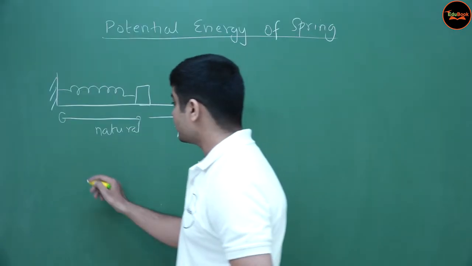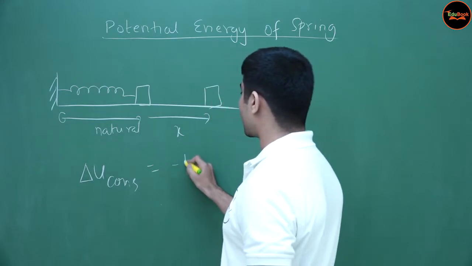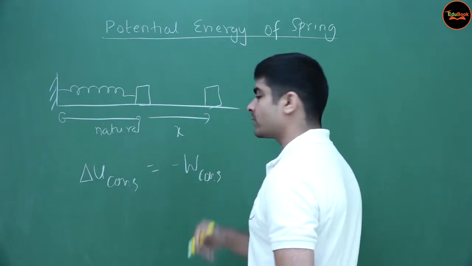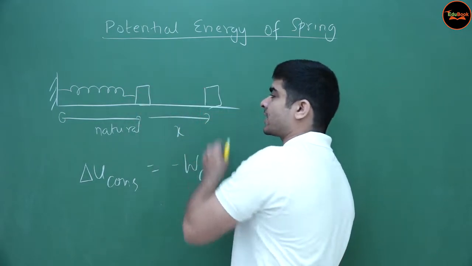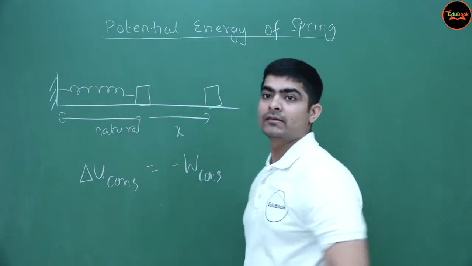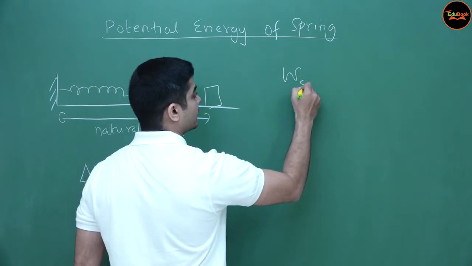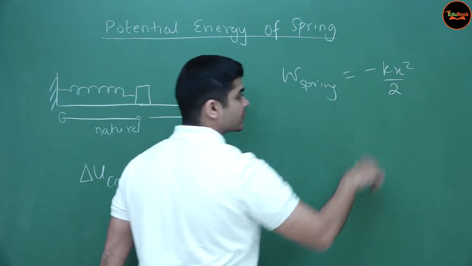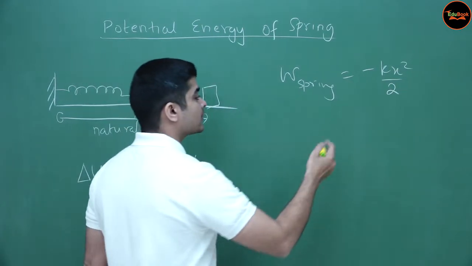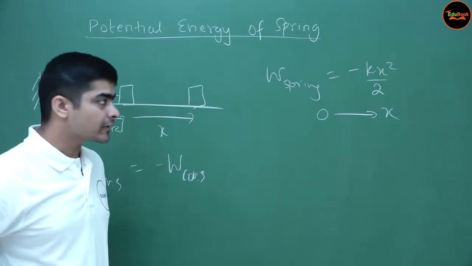Now we know the formula, delta U conservative equal to minus W conservative, correct? So if I move the block from x equal to 0 to x, in this direction, what is the potential energy? We already know the formula for work done by spring equal to minus kx square by 2 when the spring is elongated from 0 to x, correct?